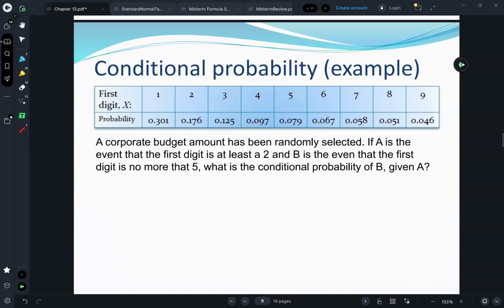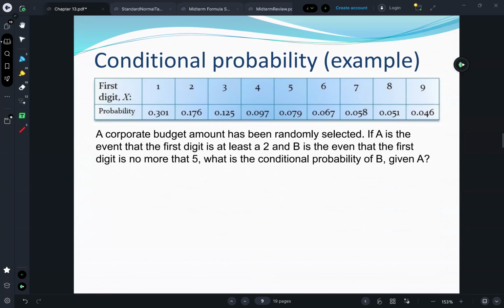Here's one. Remember Benford's law, that table we did in chapter 12? It gives the probability that you randomly select a number from a page or list of naturally occurring numbers, meaning not 1, 2, 3, 4, 5, but things like the populations of large cities in the world, the areas of lakes, or volumes.